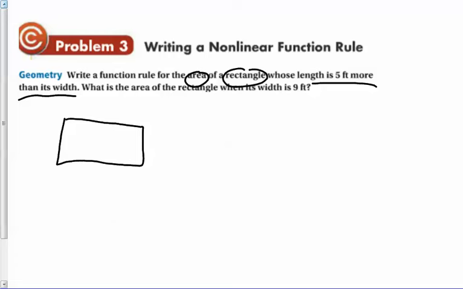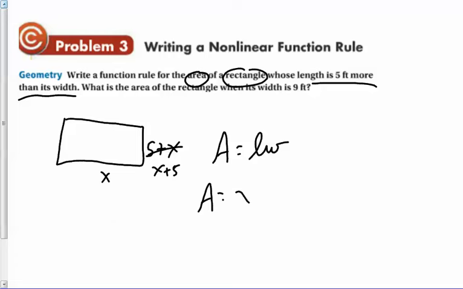If I call the width x, the length is x plus 5. Area is length times width, so area is x times x plus 5. Now if I do this, area is x squared plus 5x.